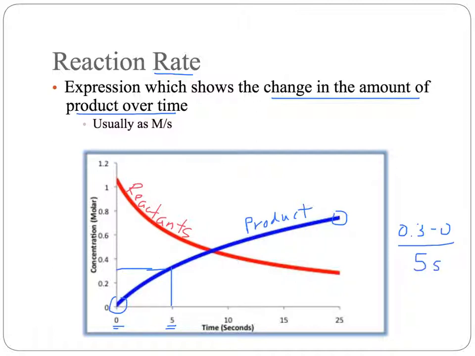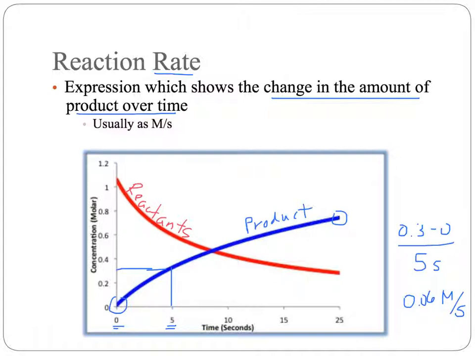And so if we divided that out, we would find that we had a reaction rate of 0.06 molar per second as the reaction rate.